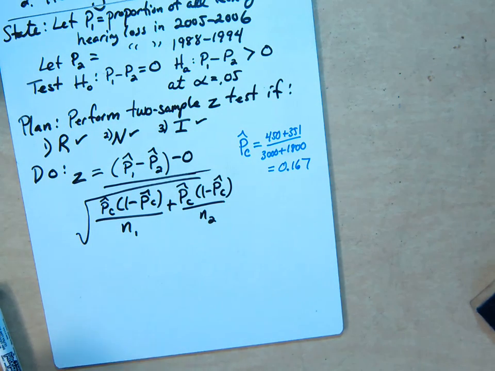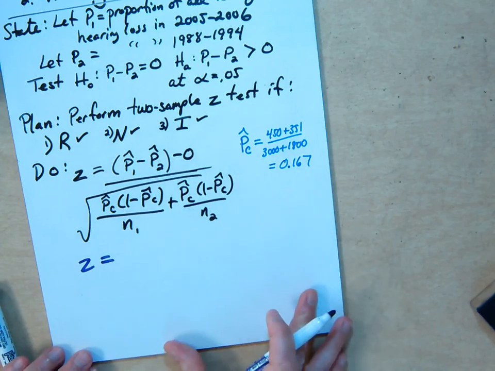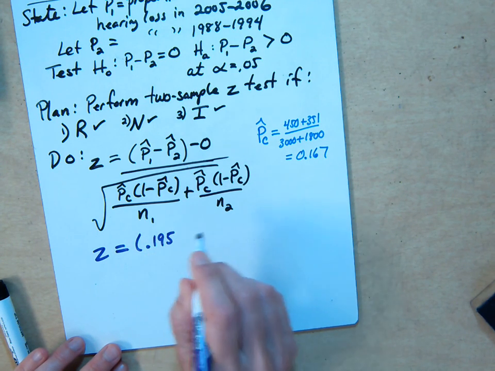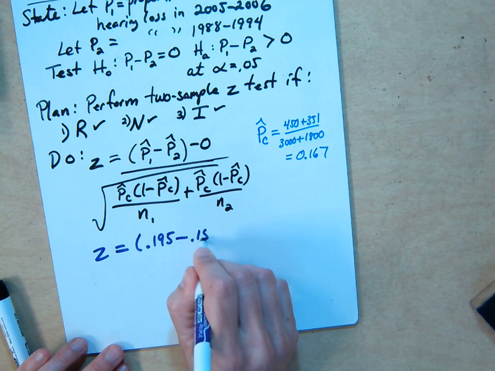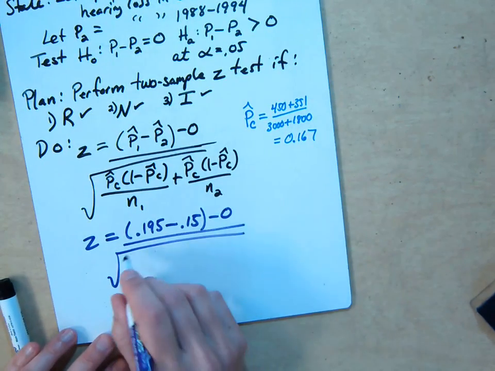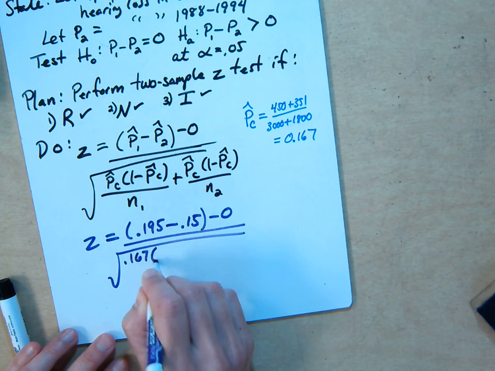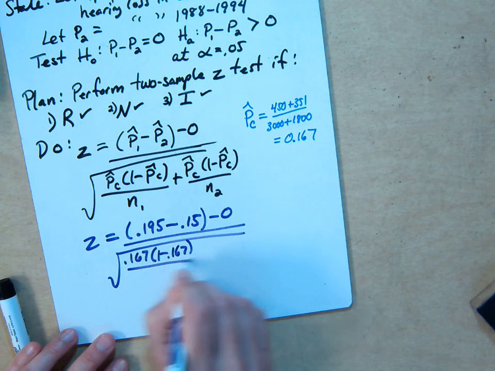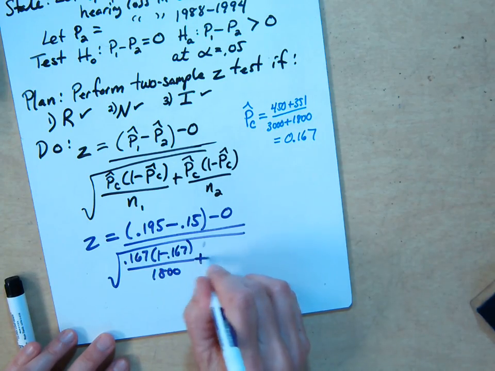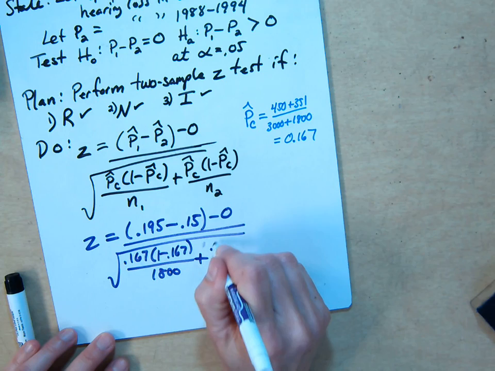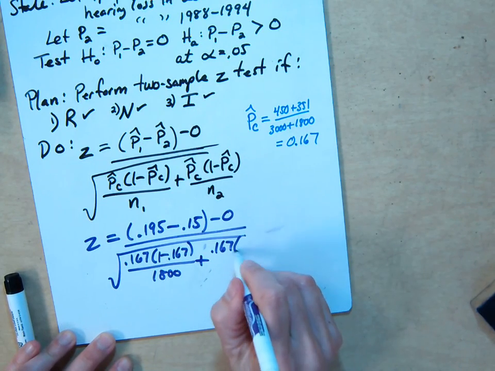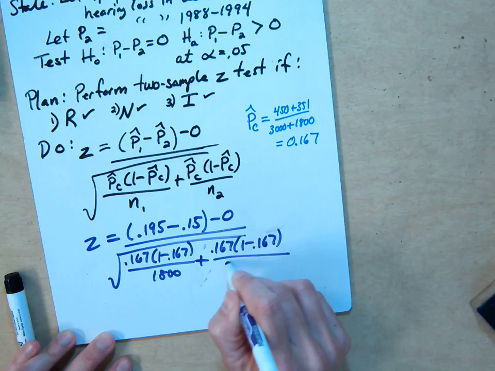So plugging everything in, you get Z equals 0.195 for 19.5% minus 0.15 for 15% minus 0 over the square root of 0.167, that we just found, times 1 minus 0.167 over 1,800 plus 0.167 times 1 minus 0.167 over 3,000.